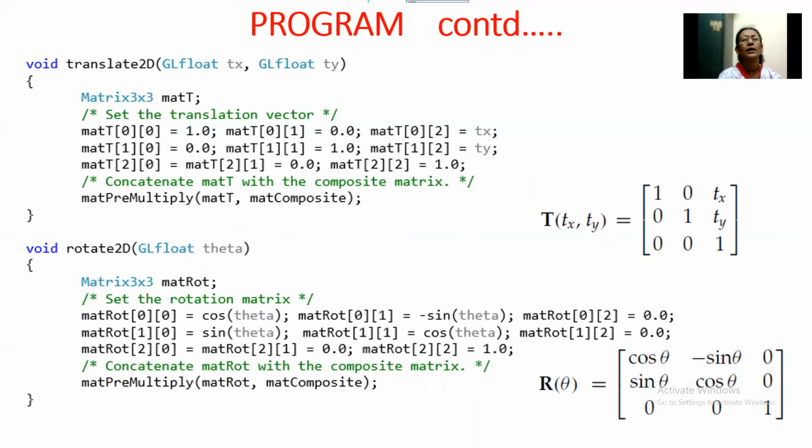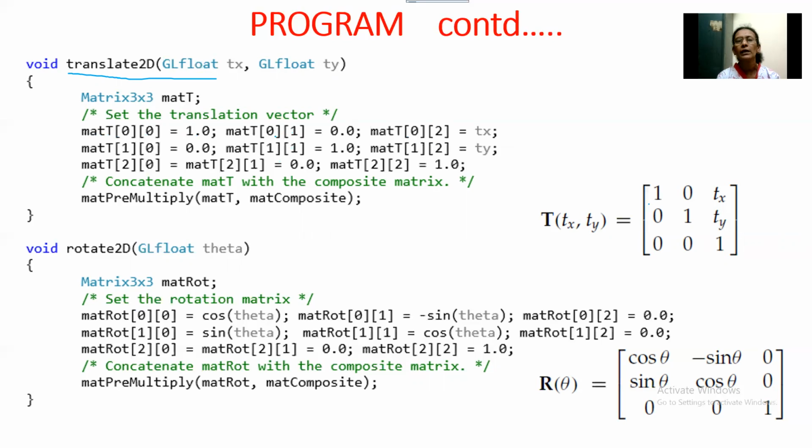Next, the function which calculates the translation matrix. The translation matrix for tx comma ty is given by 1 0 tx, 0 1 ty, 0 0 1. So that is what we do. In the translation matrix, mat 0 0 is 1.0, that is this one.